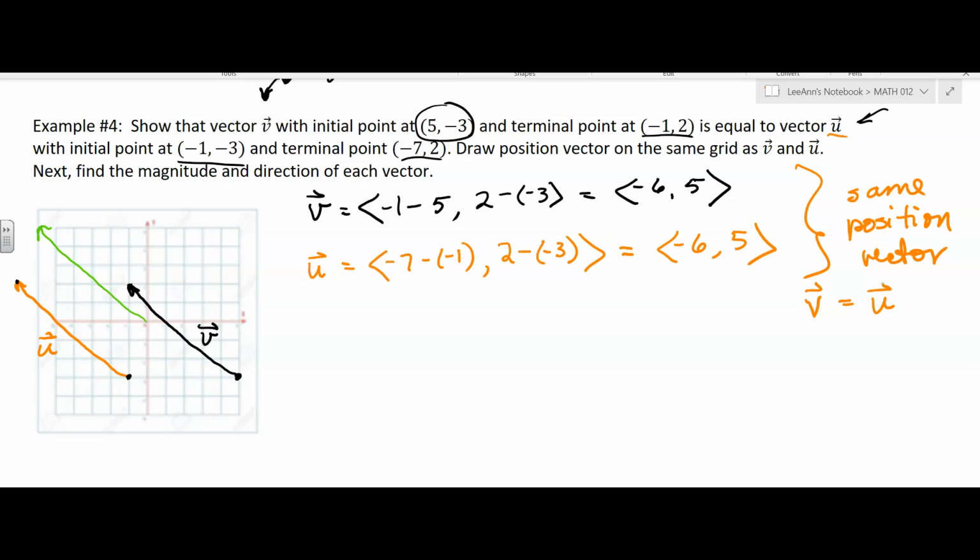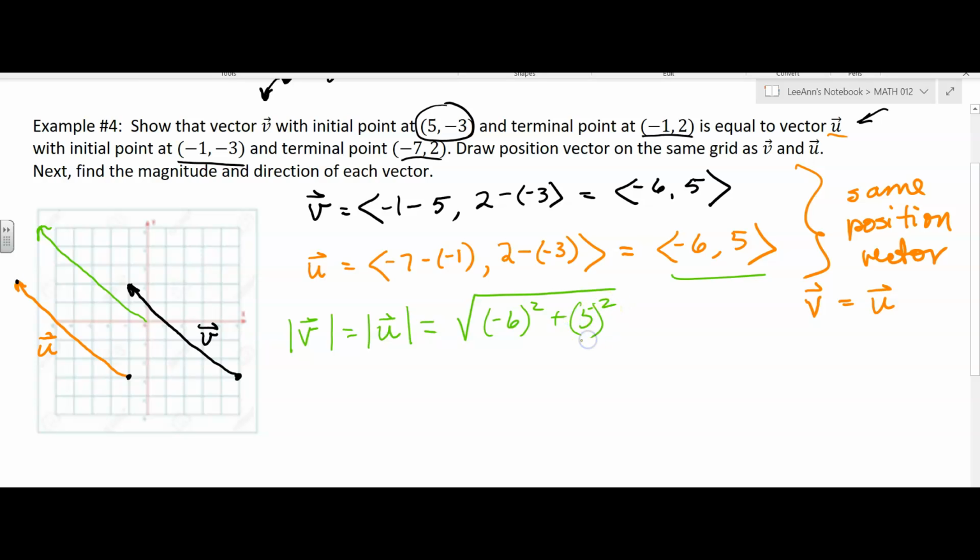Now, if you look at the graph, hopefully those three vectors all look to be the same length, and they're headed in the same direction. They ask us to find the magnitude. Well, you're just going to use your position vector to find the magnitude. So the magnitude of v, which is also the magnitude of u, is equal to the square root of negative 6 squared plus 5 squared.